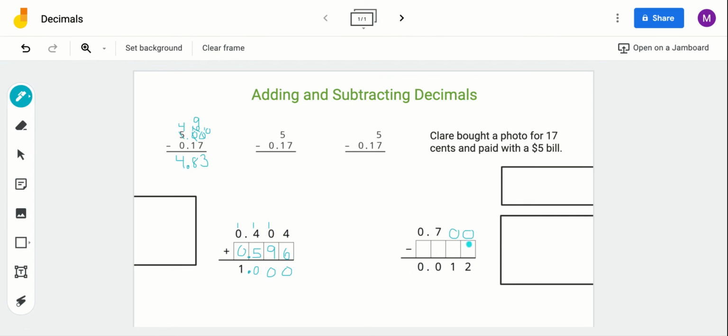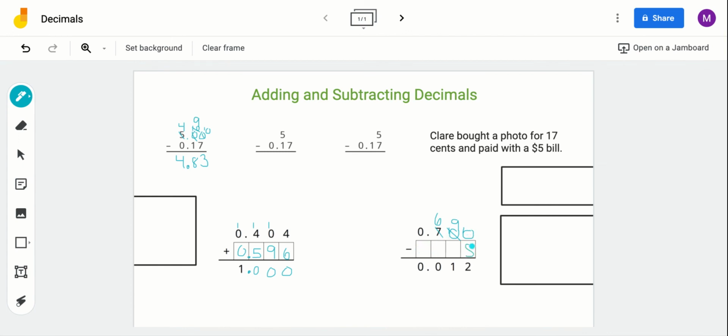So I have something minus something equals 2. Well, I need to turn that into something, so I'm going to unbundle the 7. Same with the 10. And so now I can do 10 minus something equals 2.